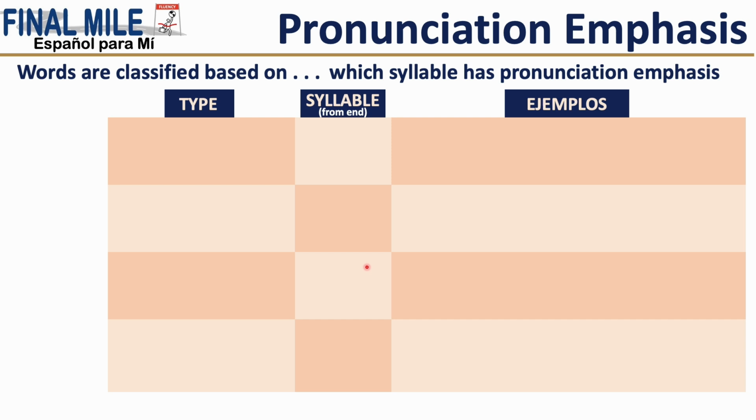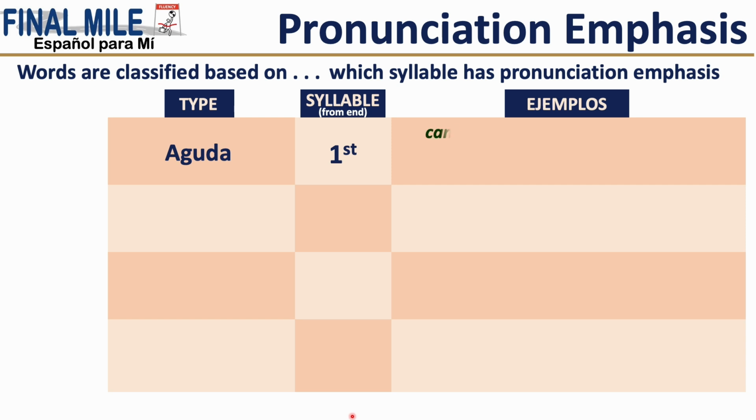Syllable number 1, syllable number 2, syllable number 3, and then 4 or later. We need to look at a word and at a glance be able to identify which category that word falls in. They have grammatical names, which we don't need to learn. We're not looking to get a PhD in grammar here. We just need to remember, if emphasis falls on syllable number 1, then it's this category.